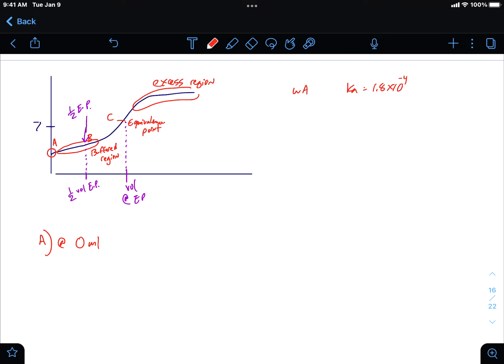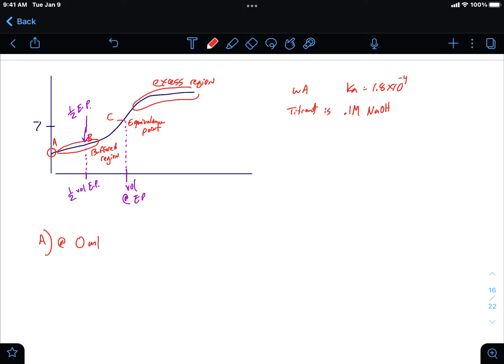Okay. And let's say the titrant that I'm using is 0.1 molar NaOH, which is very typical. The titrants are generally going to be your strong acids or strong bases. In this case, it's a base that we're adding, right? And we'll just keep a standard concentration of 0.1 molar.